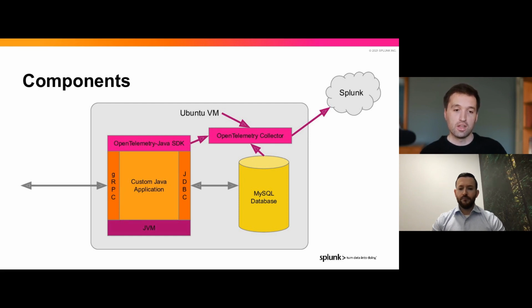The Java SDK has all of this information that it's capturing. It will send that to the OpenTelemetry Collector, which will then in turn forward that data to our destination of choice. In theory, we could be doing some processing on that data within the collector, but in this example, we're not doing anything like that. It's simply packaging up all the data and sending it on to our destination.